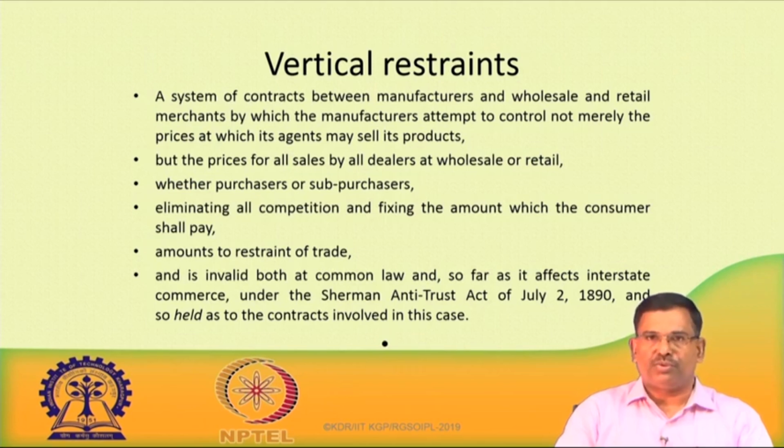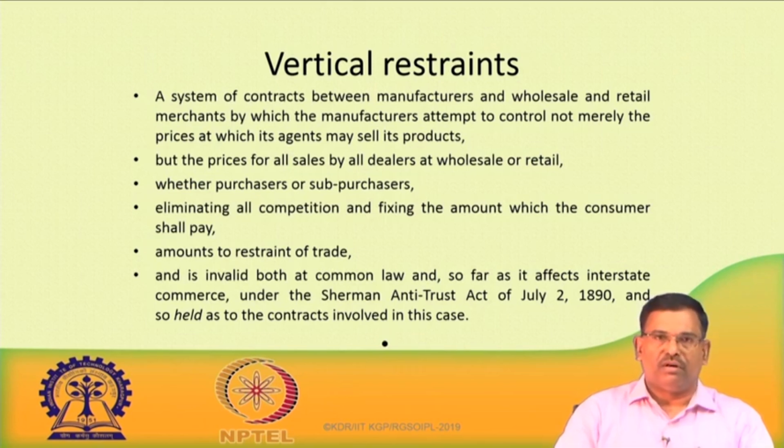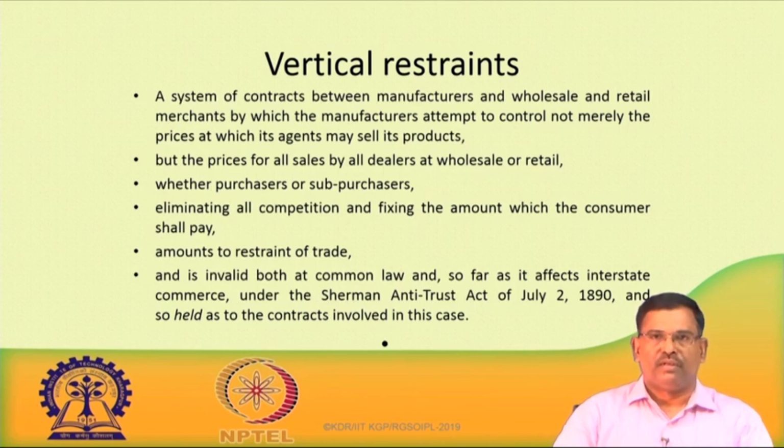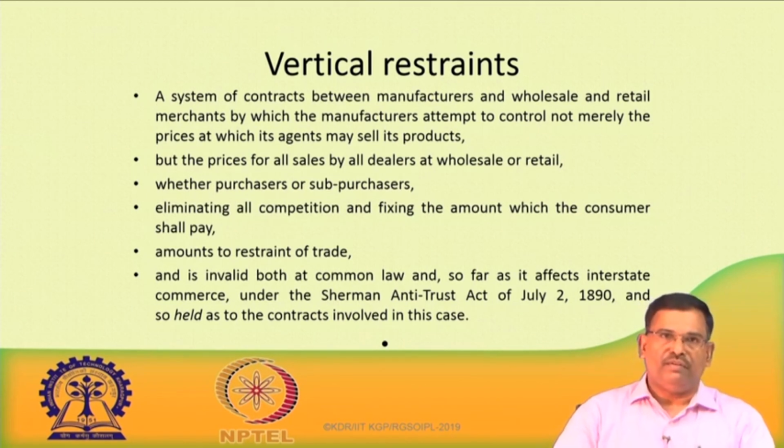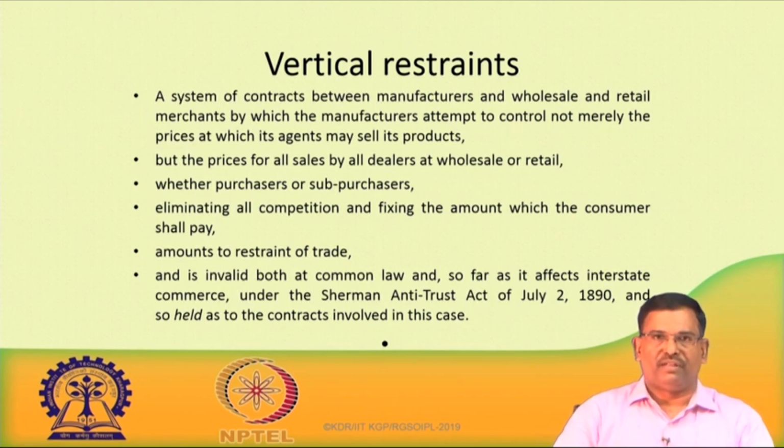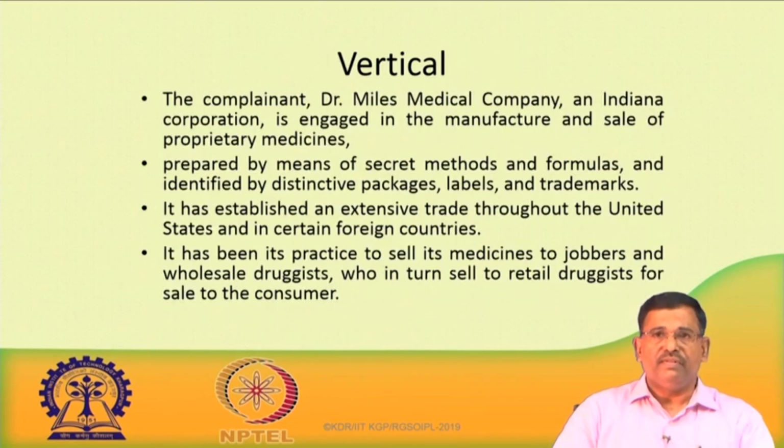There is no choice for the wholesaler or the retailer to fix prices or to give some leeway. The question raised in this case was whether this amounts to restraint of trade. If it is a restraint of trade, then it is definitely a violation of the Antitrust Act of 1890, and we will see this in detail in this case.